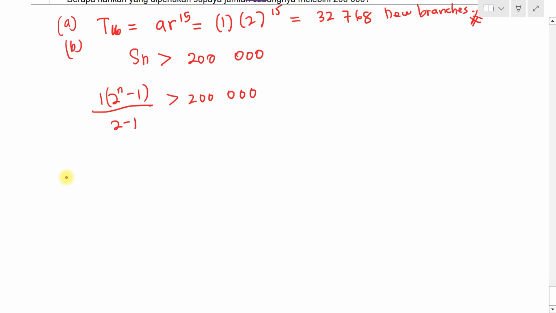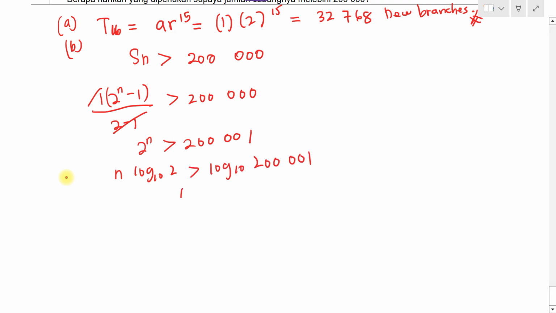The 1 and 1 you can cut. So 2 to the n more than 200,001. n log 10 2 more than log 10 200,001. So n equals log 10 200,001 divided by log 10 2. Okay, let's check this.